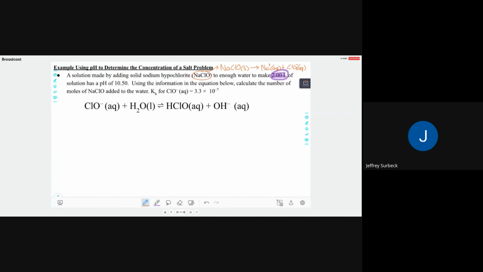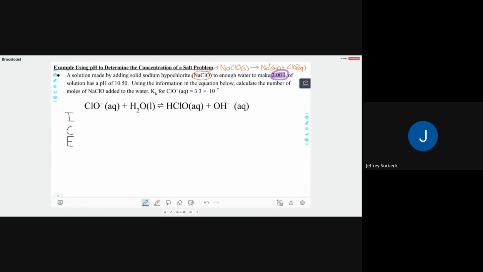Now, we get to an equilibrium expression, which is what our weak bases give us. And what chart are we going to have to use for this? Ice. Very good. Our ICE chart. So I'm going to give some decent amount of room for our I, C, and our E.